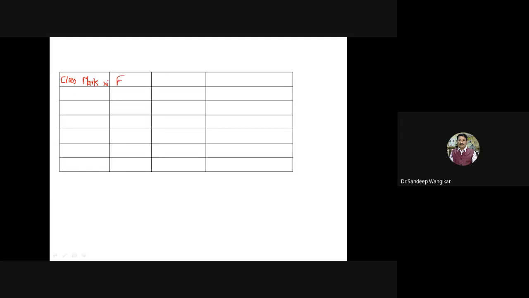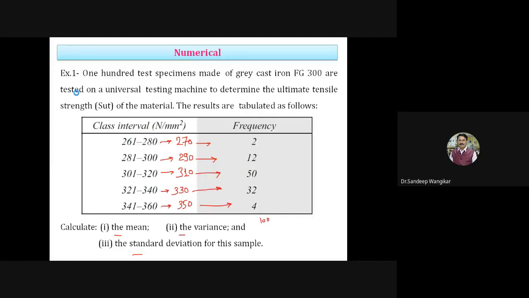Second, I will take the frequency, and our standard notation is fi. Then I want to calculate fi xi and fi xi square, not bracket square, fi xi square. So let us have this: 270, 290, 310.